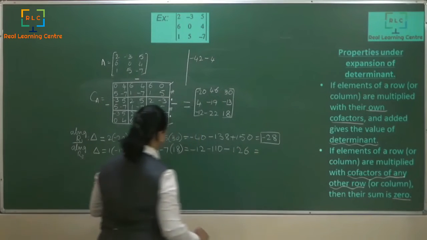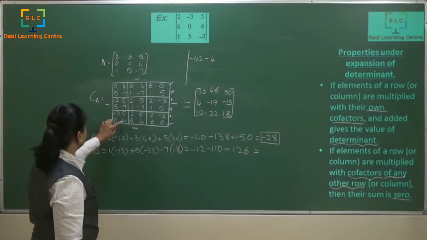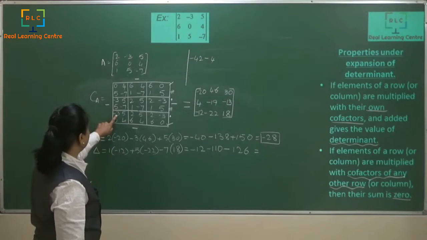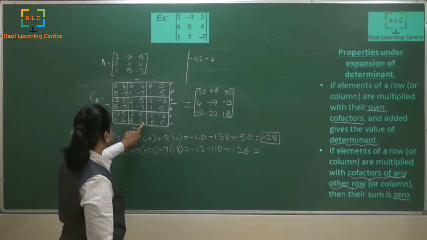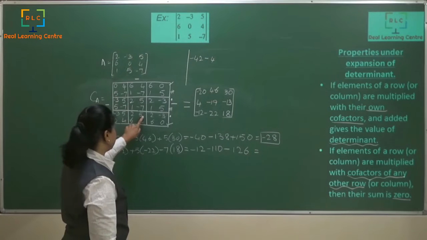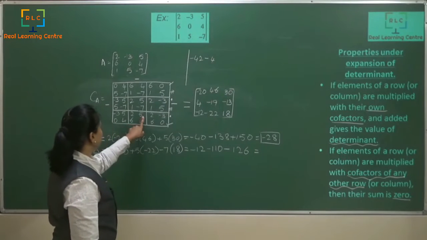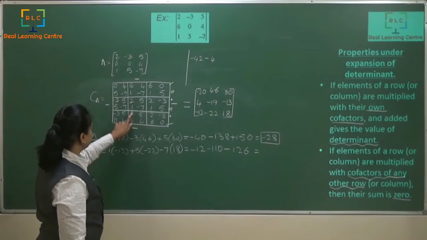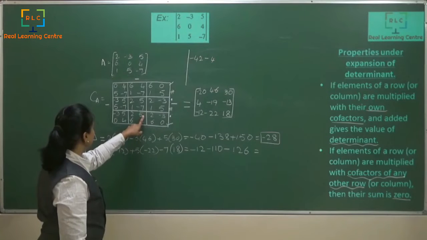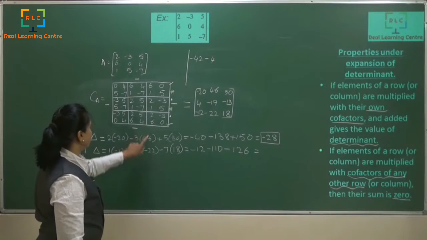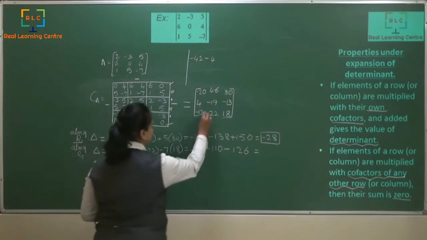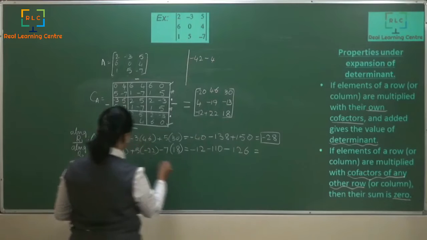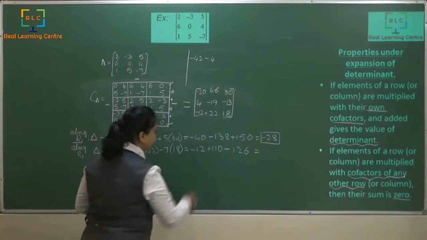Yes, something is wrong here. Let me check. So this will be minus 12. This will be 4 twos are 8 minus 30, okay. See, I've gone wrong here. 4 twos are 8. 8 minus 30 is minus 22. Minus into minus, plus 22. So this was plus 22, which means that this is going to be plus 110.